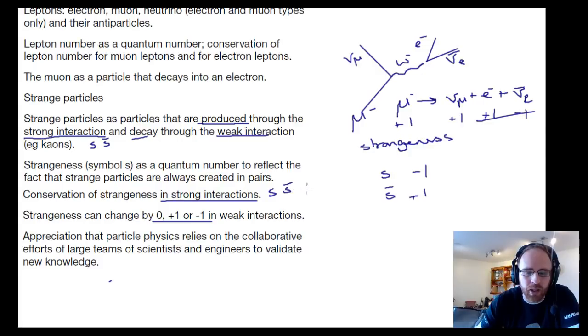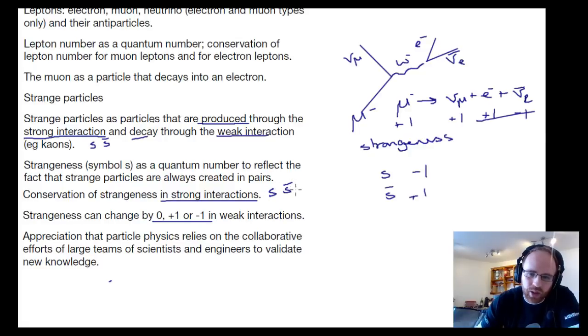When strange particles decay, they don't have to decay in weak interactions, but they could increase or decrease strangeness by +1 or -1, which would indicate a +1 would be a strange quark decaying, and then a -1 would be an anti-strange quark decaying. That's the wrong way around, isn't it?